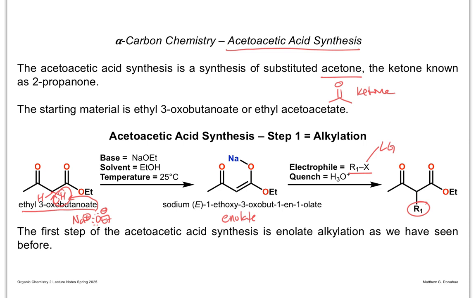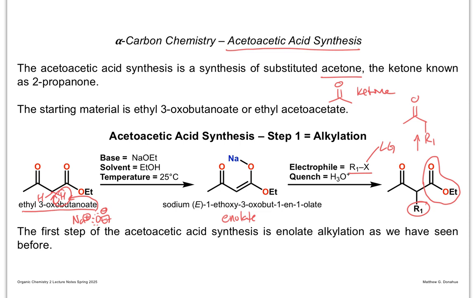Now, if you look at that, how does that become the substituted acetone? So essentially, we have to get rid of this. It turns out it's pretty easy to do that using reaction types you've seen before.